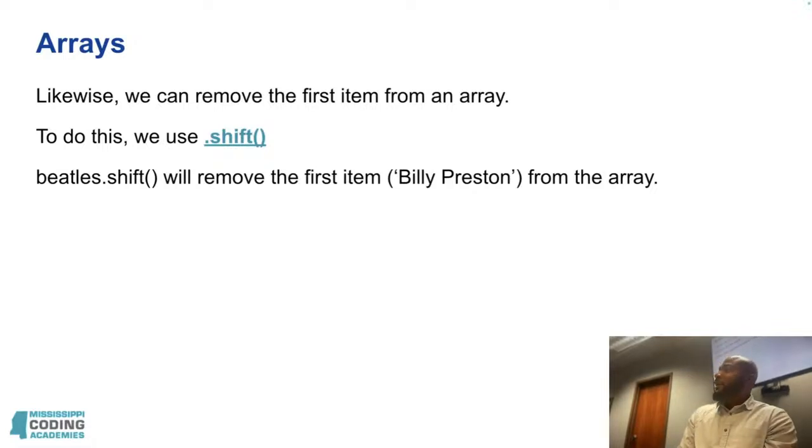Jangela gets a little too reckless on her Instagram, and so her account gets deactivated. Instagram is not going to just completely remove her data from the data set. So she would not get pushed or popped or anything. She doesn't get removed.